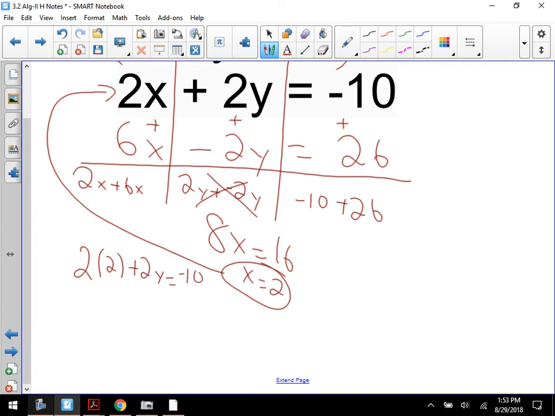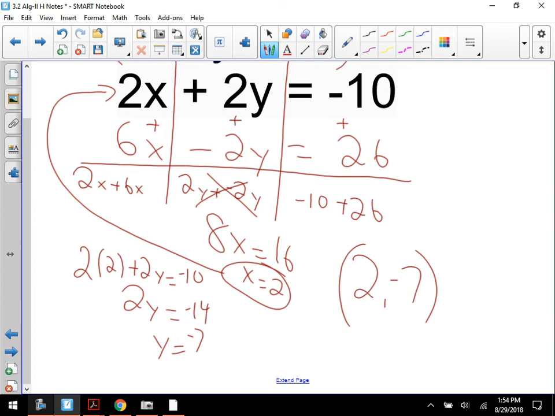What's 2 times 2? 4. To move that to the other side, you add it or subtract it? Subtract. What's -10 subtract 4? Good. Therefore, y is. So did your answer check out? So your answer would be 2 and 7.